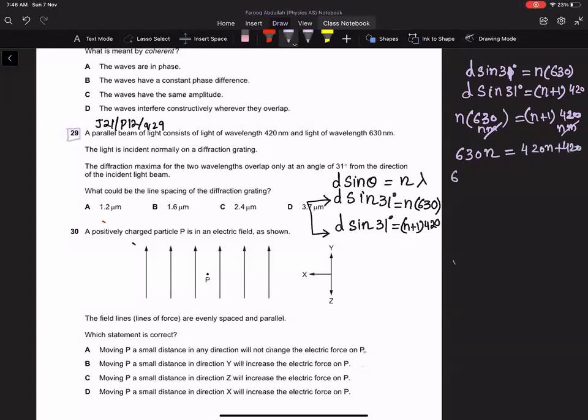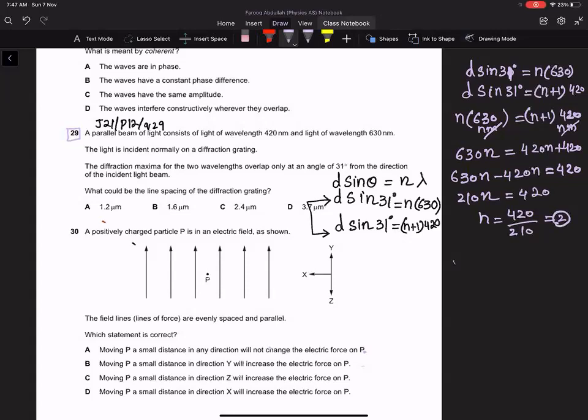So this will give us 630n minus 420n is equal to 420. This will become 210n is equal to 420, and as a result n will be 420 over 210, it will be 2.